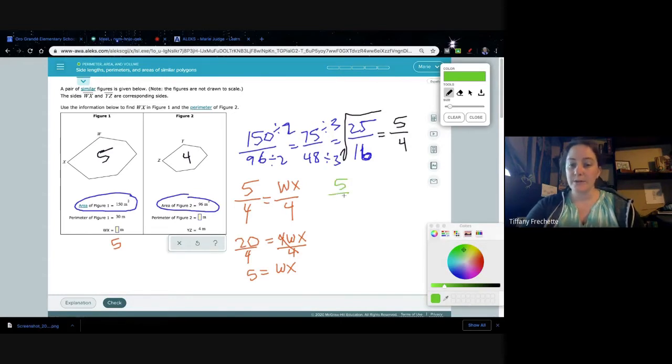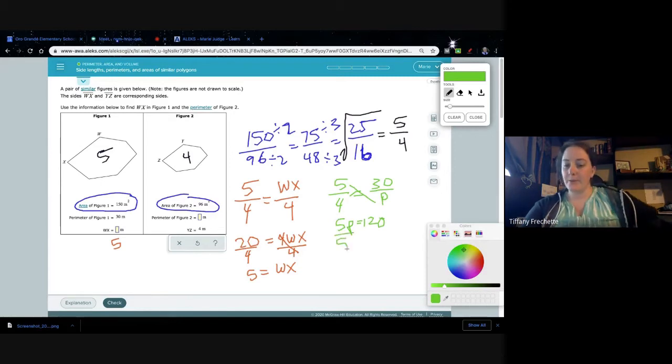So we're going to go back to our 5/4 because we need this last piece, this perimeter. Remember, 5 goes with this side, so I'm going to grab this number first, 30, and then 4 goes with this figure, so I'll just say P for perimeter. Now we're going to start cross multiplying. So we have 5P equals 4 times 30. We get 120. Last step, we're going to divide by 5.